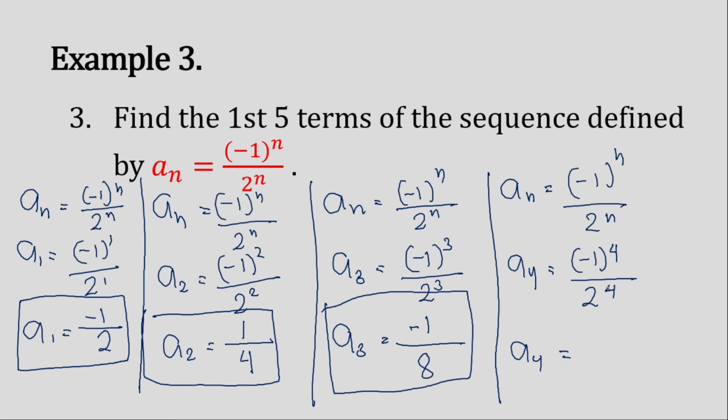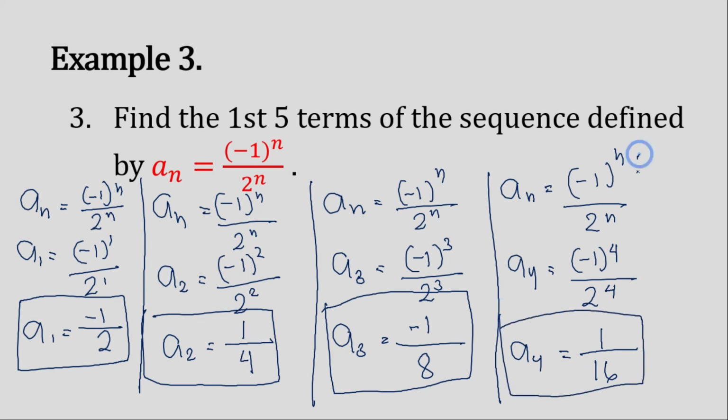If a negative number is raised to an even number, then the answer is positive. So this is positive 1. So we have 2 raised to 4 is 16. So we have a sub 4 is positive 1 over 16.